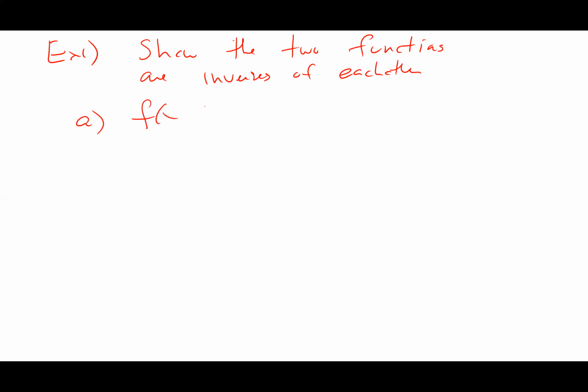Now I'm not going to label these f prime or f inverse, so I'm just going to label two different functions. I have an f function, I have a g function. Show me that these two undo the work of each other. You've got to go both ways, right? You have to show that f composed with g, and you've got to show g composed with f.